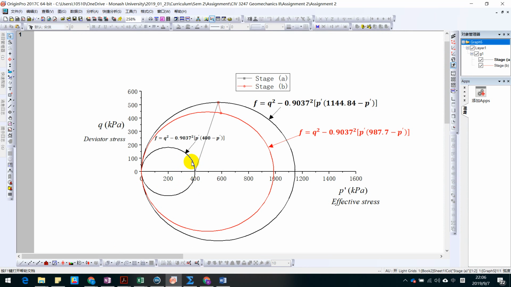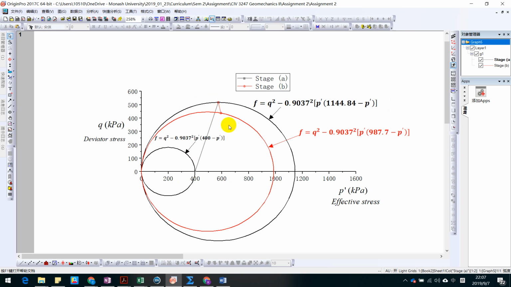And problem 2 is the one we have in the assignment. Firstly, it's at the yielding point of 400 kilopascal, and it just undergoes a CD test, which is the 3:1 ratio, and then it goes from here to here, which is called stage A. For stage A, the initial condition is 400 and 0, and the end condition is somewhere here.